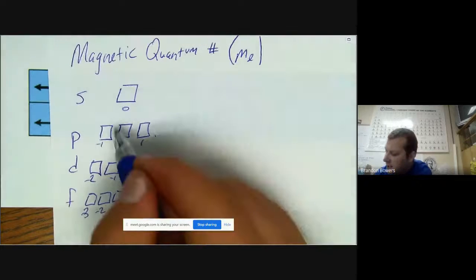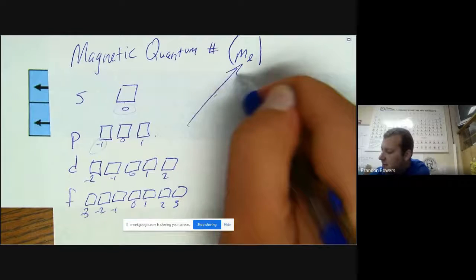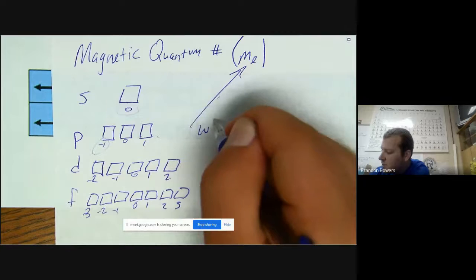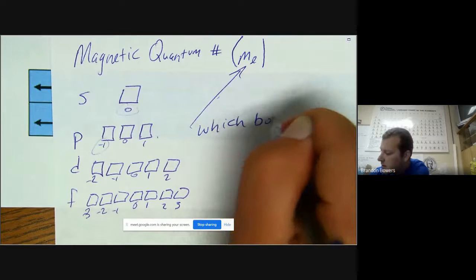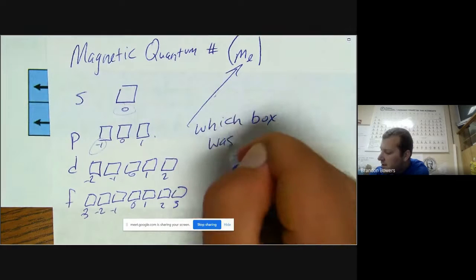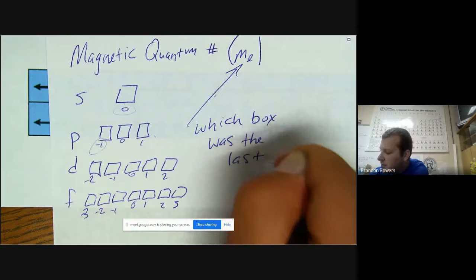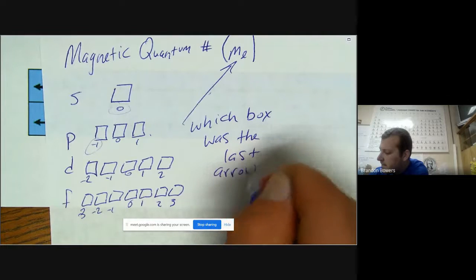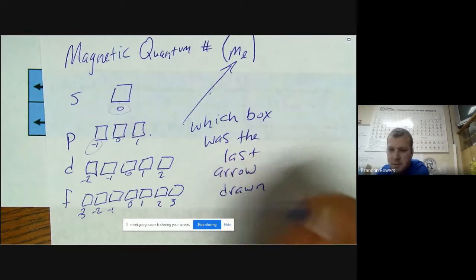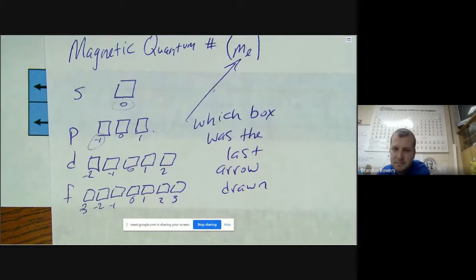Now, these numbers represent the ML. The ML means which box the last arrow was drawn in.